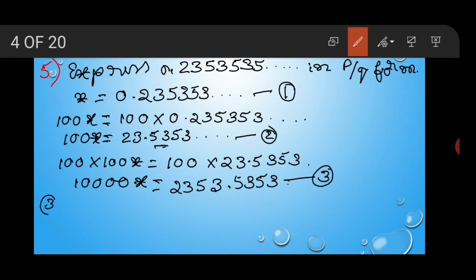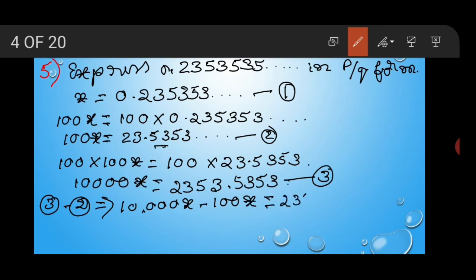It implies equation 3 minus equation 2 gives you: left hand side of equation 3 minus left hand side of equation 2 is 10,000x minus 100x, is equal to the right hand side of equation 3, 2053.535353 on and on, minus the right hand side of equation 2, 20 point I will write here 23.535353.